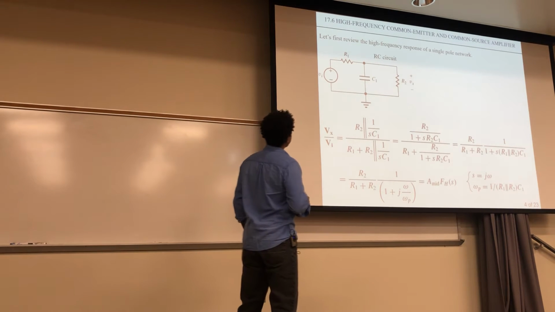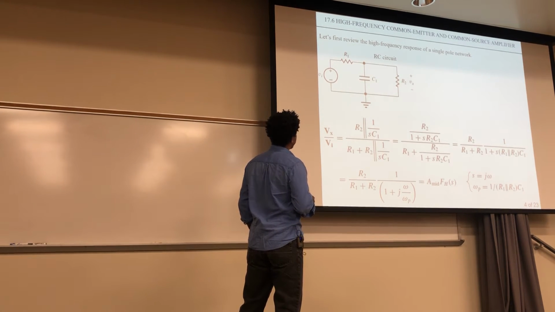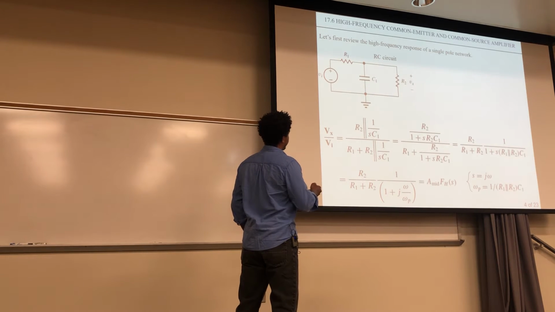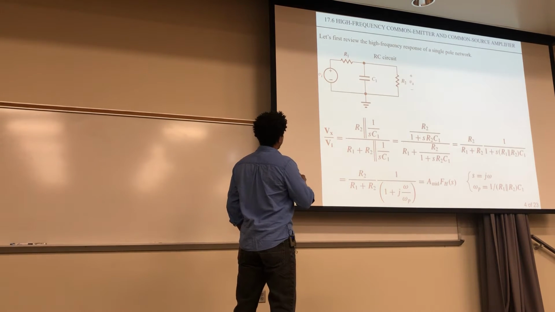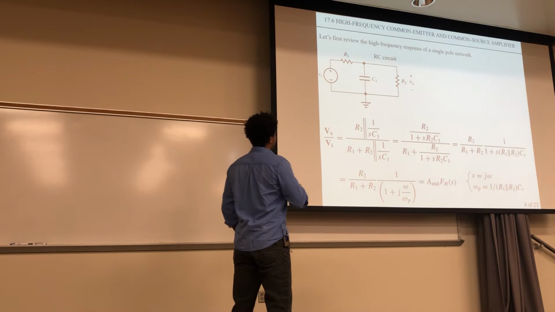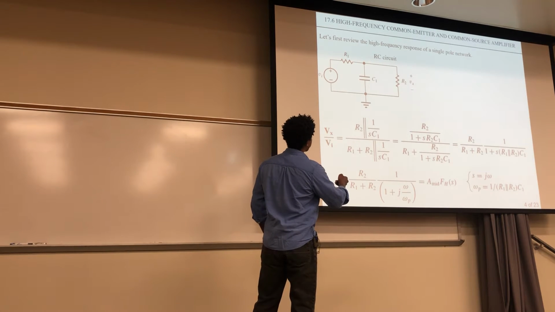If we look at the high frequency response, we're looking at Vx right here as output over the input Vi. This Vx has the R2 in parallel with this C1. So right here is all Vx.